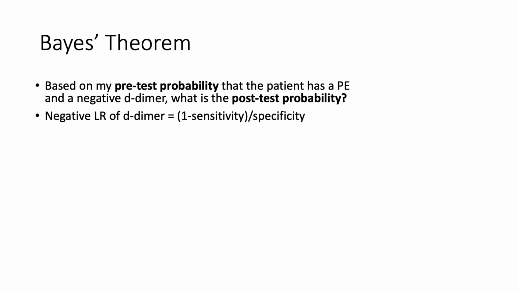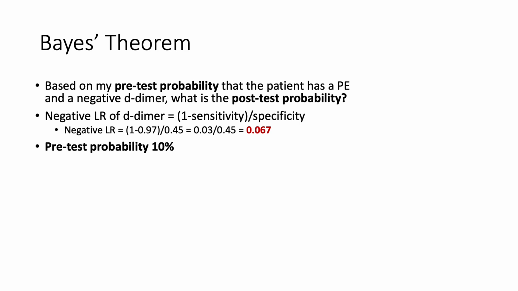And you can calculate the negative likelihood ratio of a D-dimer. It's going to be 1 minus the sensitivity of the D-dimer over the specificity. So for a D-dimer, the sensitivity is 97%, the specificity is around 45%, so the negative likelihood ratio is going to be 0.067.